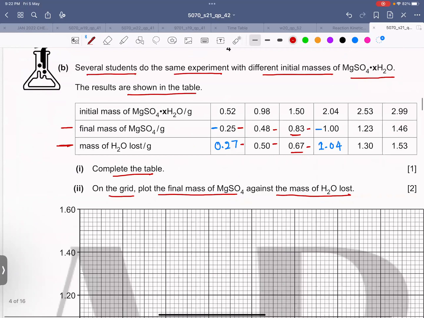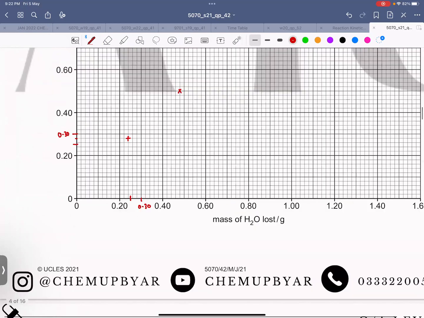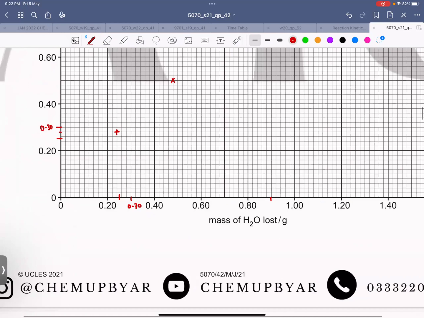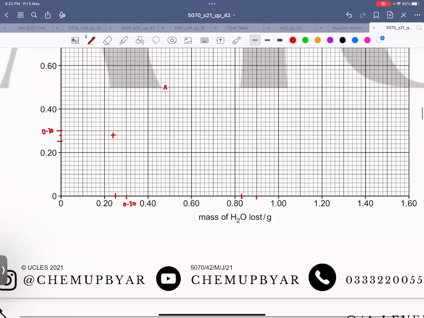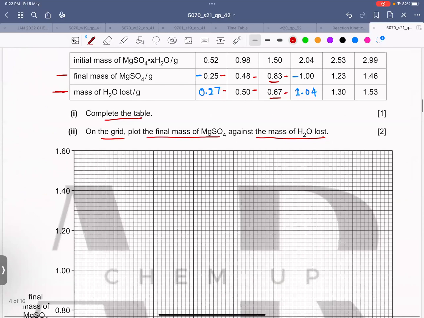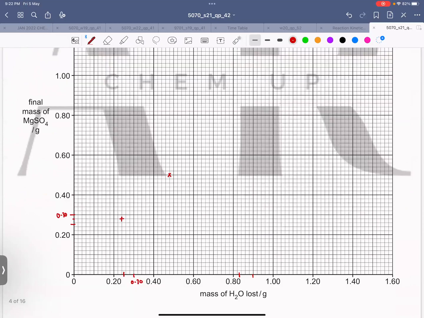So 0.83, and on 0.83 we need a 0.67. Here it's 0.60.